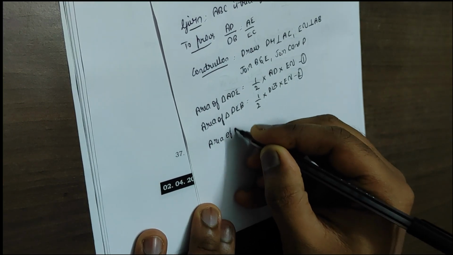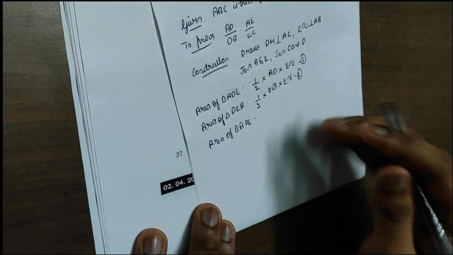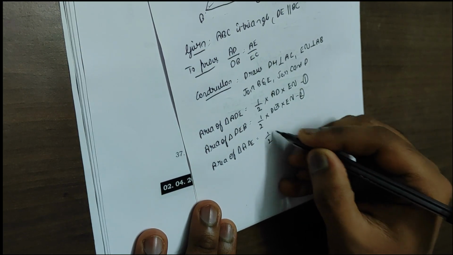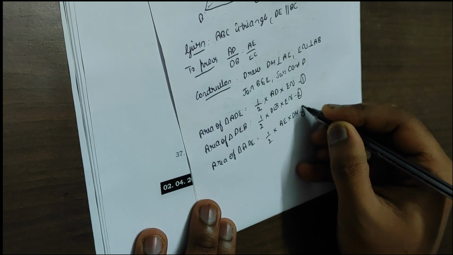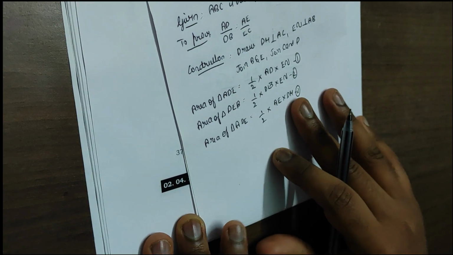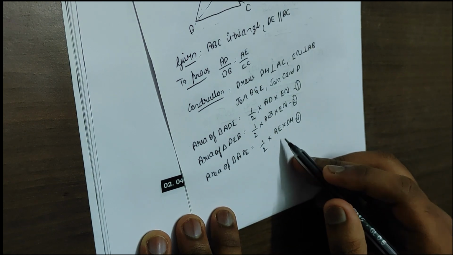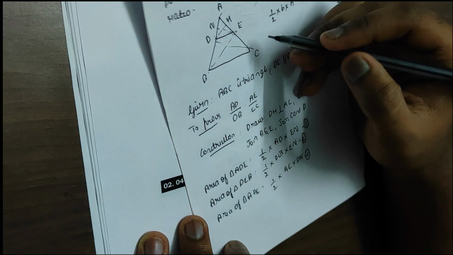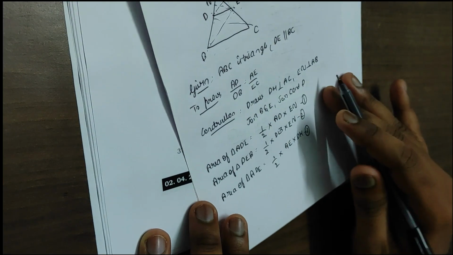Area of triangle ADE, that is half into AE into DM. These both angles are equal, the heights are equal. Just we have replaced the base of the triangle, that is AD by AE. AD is equal to AE, and the height, instead of EN, this time we have taken it as DM.